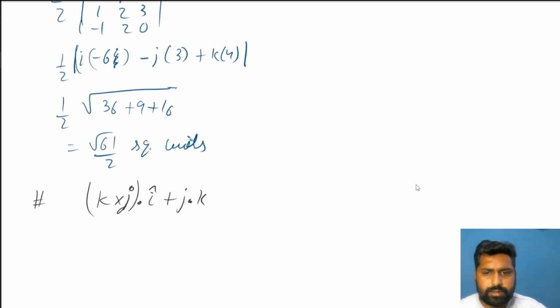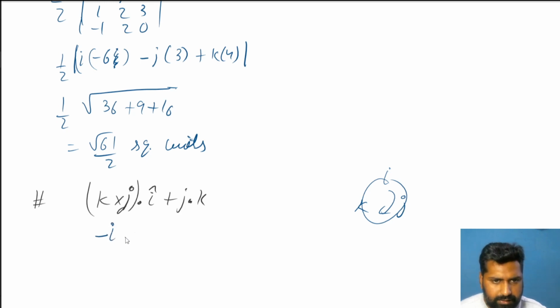So k cross j, remember the circle i j k. The circle was for clockwise, so k cross j will be minus i dot i plus j dot k. The dot product of j dot k is 0, i dot i is 1. So answer is minus 1 for this.